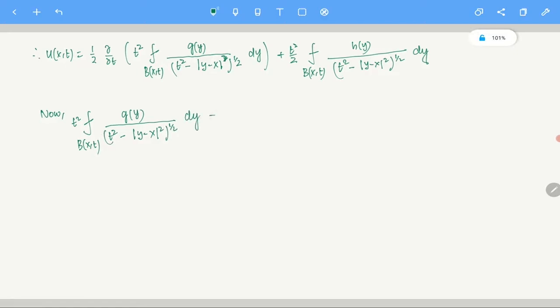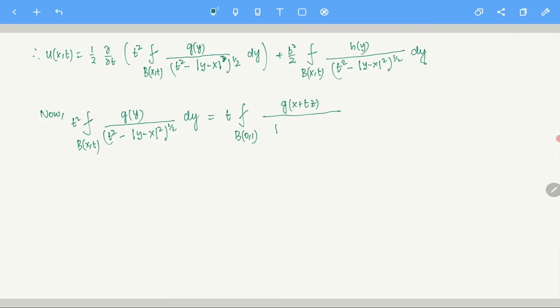If you change the variable here, this will look like t times the integral over b01. You remember the change of variable which we always use, tz by 1 minus mod z square, whole power half, dz. Clear?